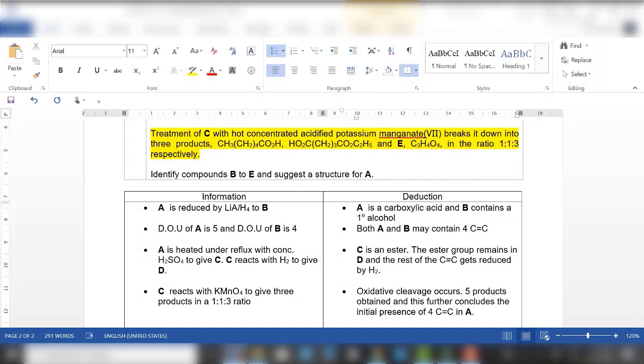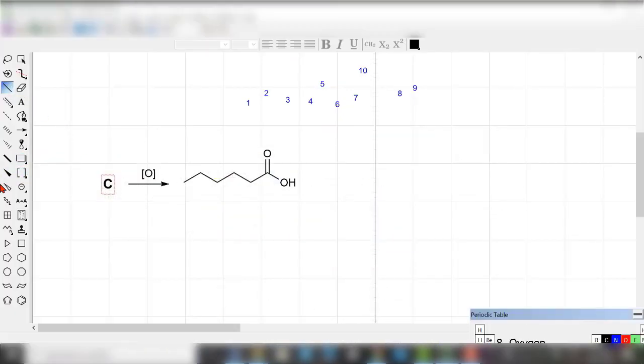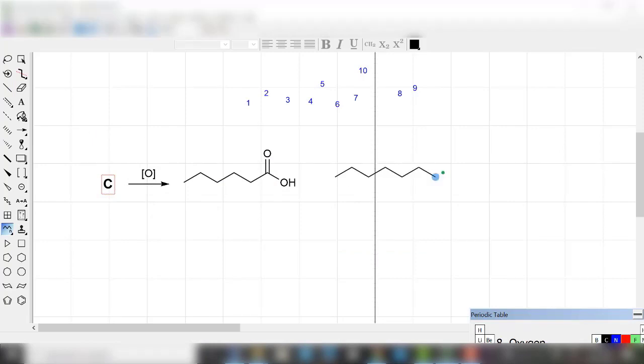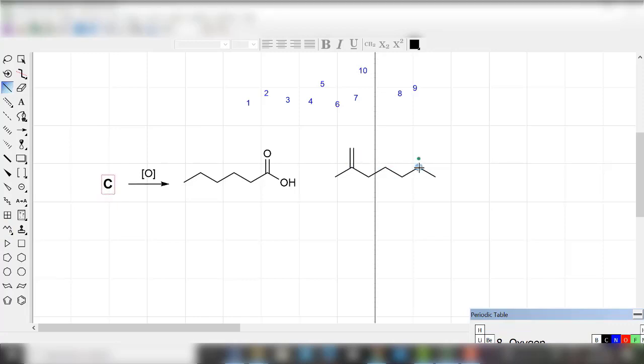So you have a carboxylic acid right at the end, and then you have 3 CH2s, and then you have an ester. Okay, so I think it fits pretty nicely.